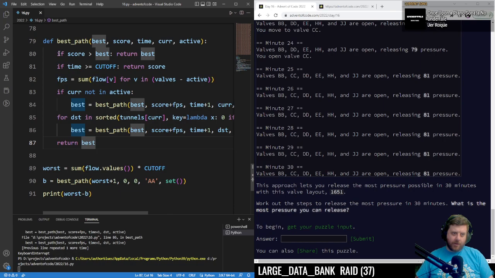I'd probably get a better speed up if I... Well, this happens right at the very beginning, so... So no, that's not necessary.